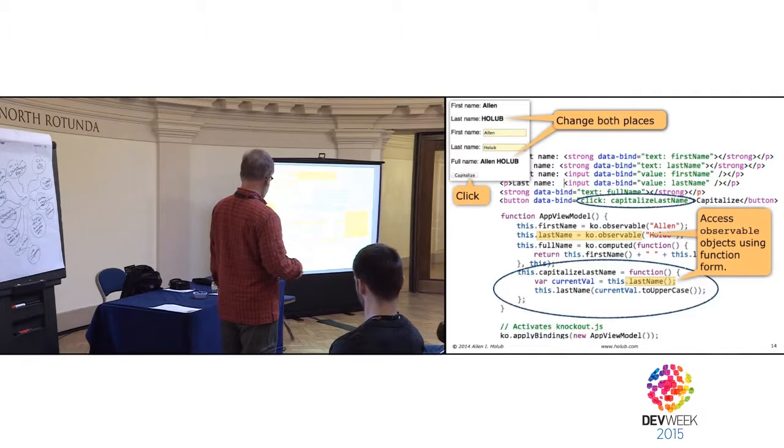That executes this code, obviously. This code modifies last name. Last name is something that knockout is observing. So it sees the modification and gets everything updated as we would expect it to.